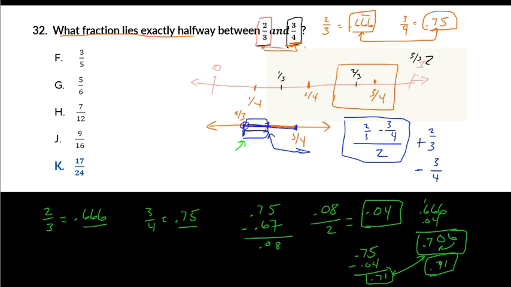But what is 0.71 in terms of fractions? Because over here on our answer choices we don't have any that are in decimal. If you had a calculator that allowed you to change decimals into fraction, you could just hit the frac button and it would turn this into a fraction.